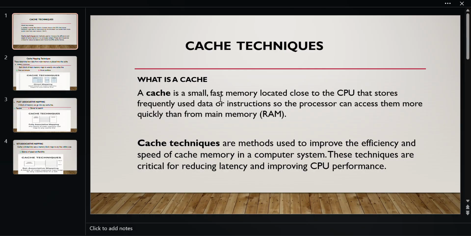We firstly talk about the fastness of a cache. These techniques are put in place to improve the fastness of the cache, to help it frequently use data or instructions so that the processor can access them quickly.